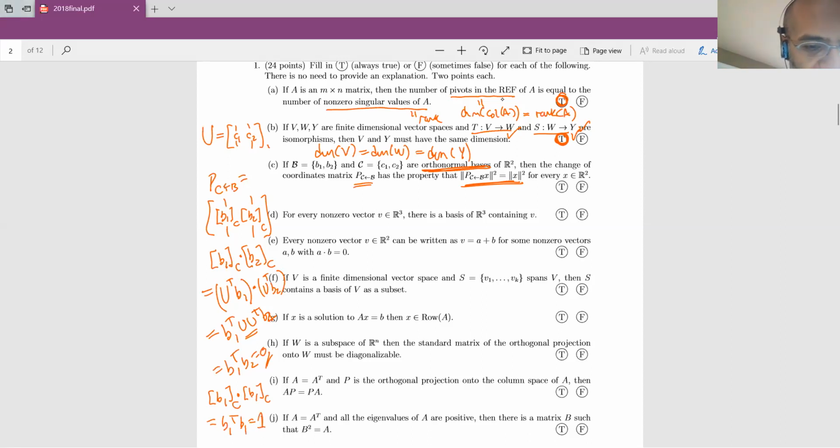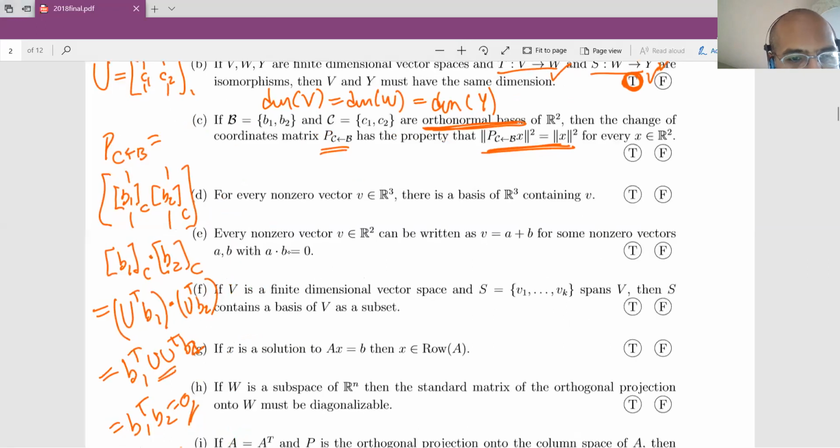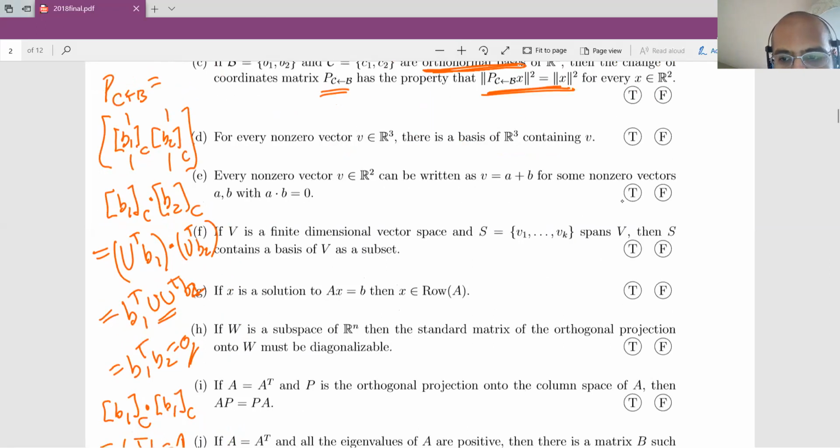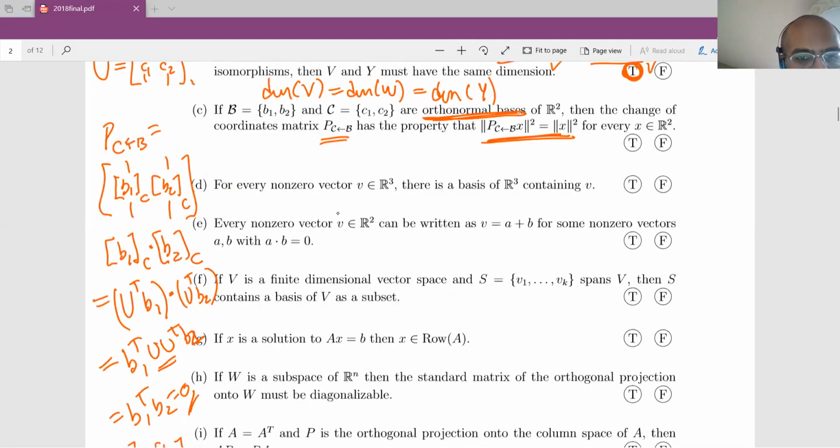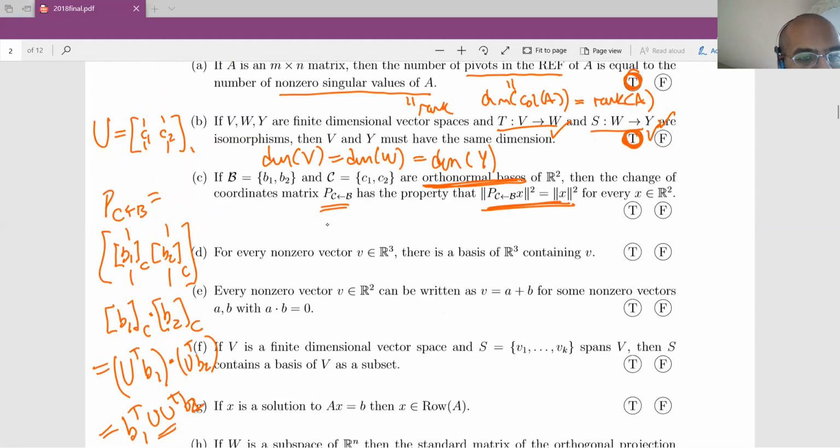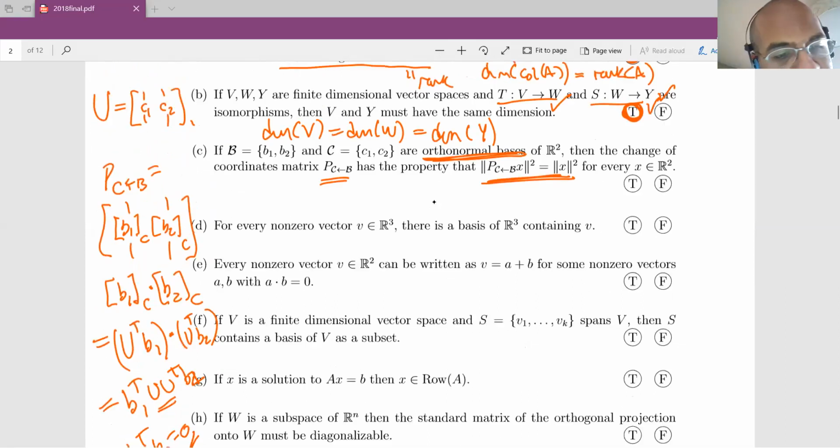How did I get U1 transpose B? Maybe I should make a better system for writing. Wait, let me expand this so I can write smaller. So how did I get U1 transpose B? Well, it's just the formula for coordinates, right?